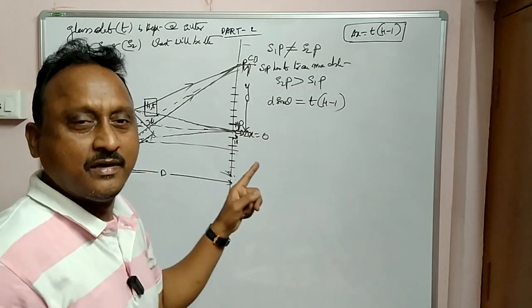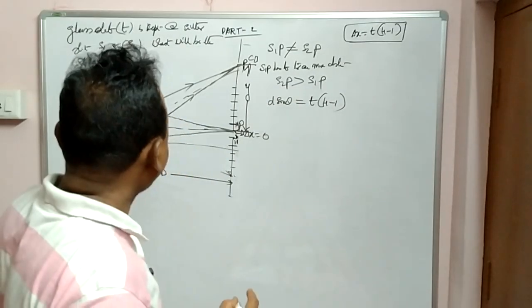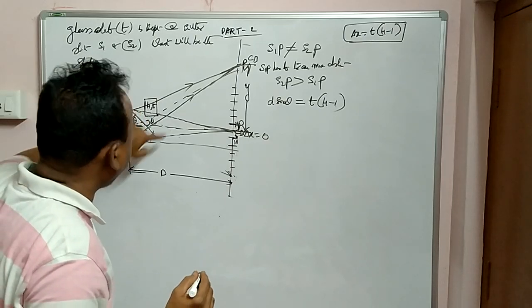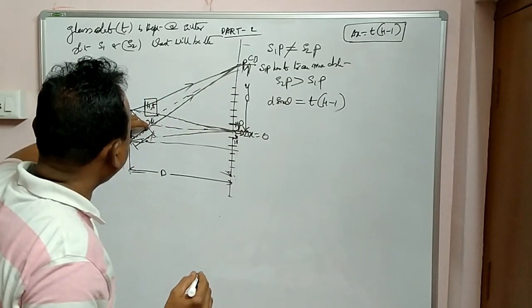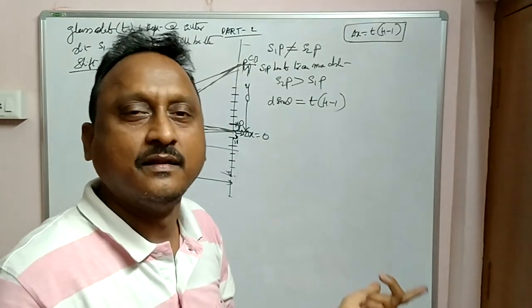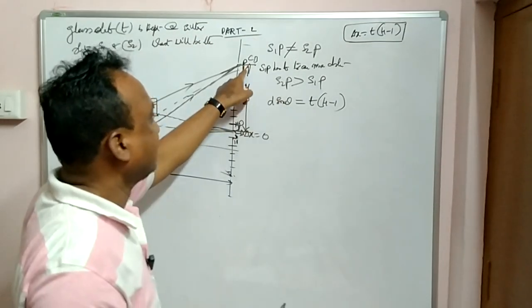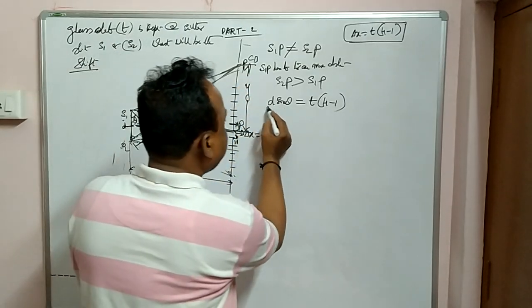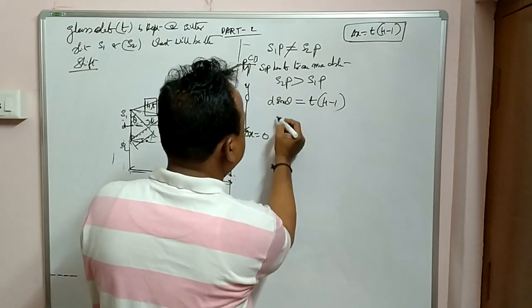So whatever extra distance S2P has travelled, d sin theta, if it equals the extra distance of S1P, then the central band will be here. Then delta x will be 0. Therefore, d sin theta is equal to t into mu minus 1.